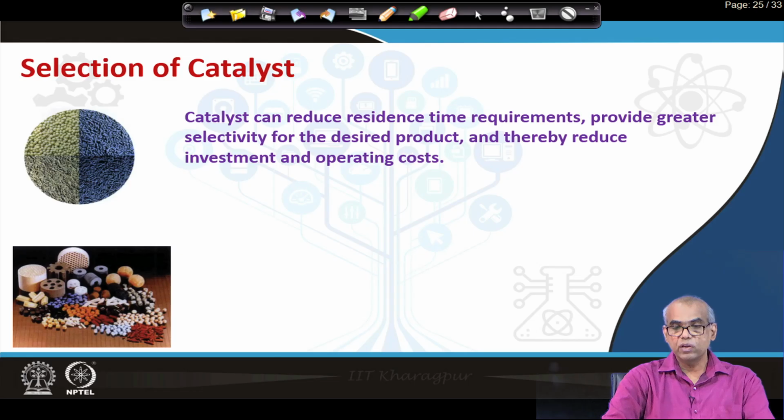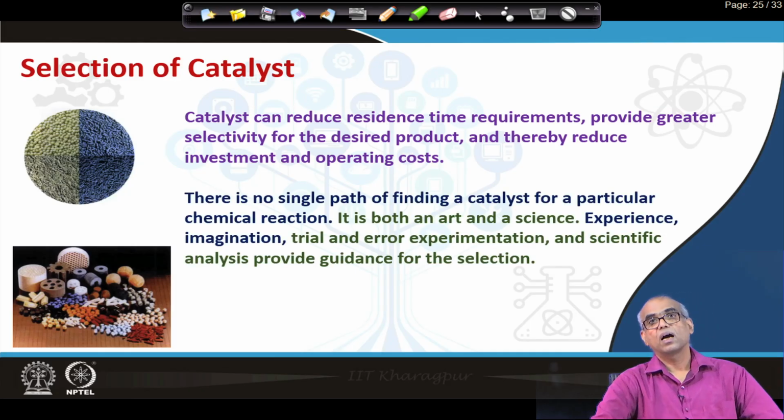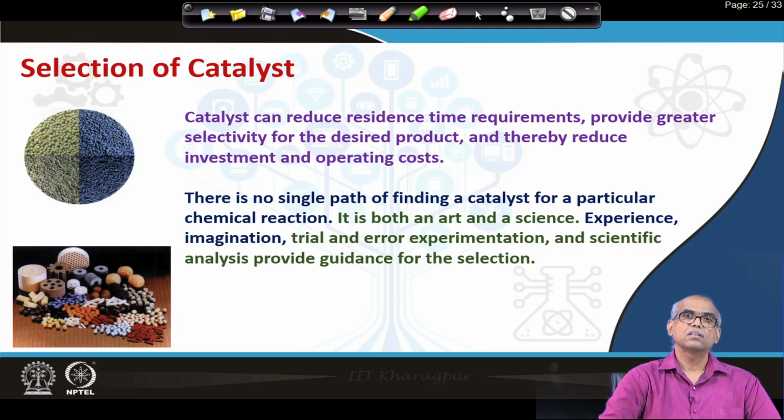Catalysts can reduce residence time requirements, provide greater selectivity for the desired product and thereby reduce investment and operating costs. How do you select the catalyst? What will be the most appropriate catalyst for my process?